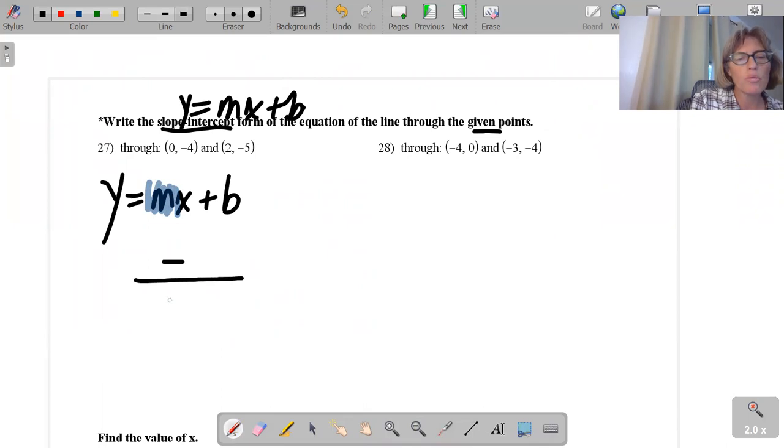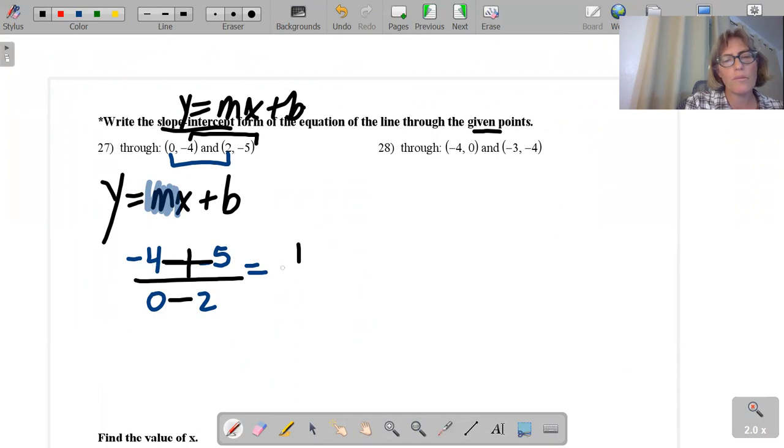Slope is y minus y over x minus x. So that's going to be y minus y over x minus x. Double negative makes a positive. So I have negative 1/2.